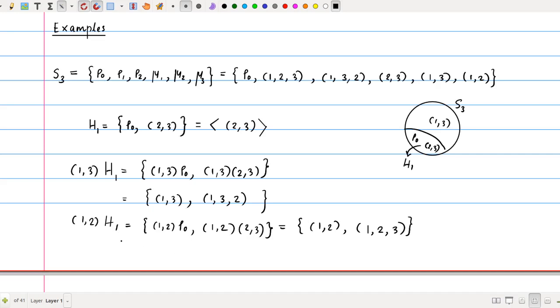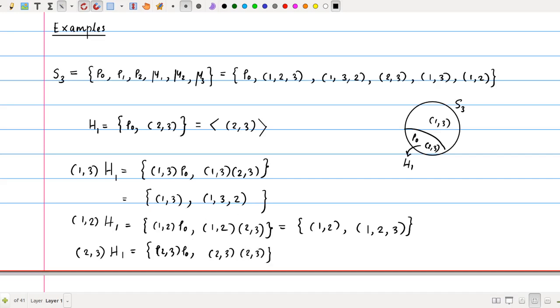Similarly, you can also choose (2, 3) itself. What is (2, 3)H1? It is (2, 3) times rho 0 and (2, 3) times (2, 3). Please mind that (2, 3) is on the left-hand side of rho 0. Though rho 0 is the identity, so both orders give the same thing, when you operate (2, 3) on the other element, (2, 3) must be on the left of that element.